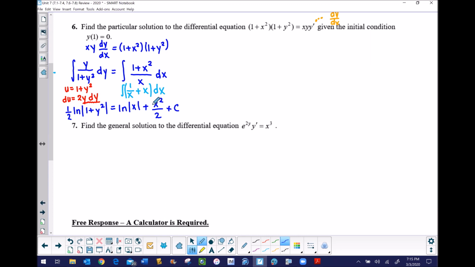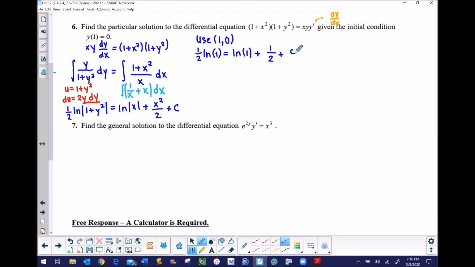So let's say I leave this as it is, and I use the initial condition, which is (1, 0), right? The ordered pair, x is 1, y is 0. So that would give me 1 half natural log of 1 plus 0 squared equals natural log of 1 again, plus 1 squared, which is 1 over 2.